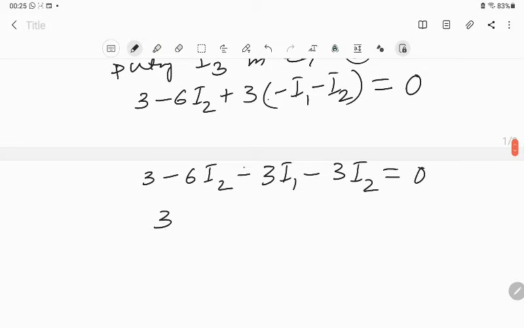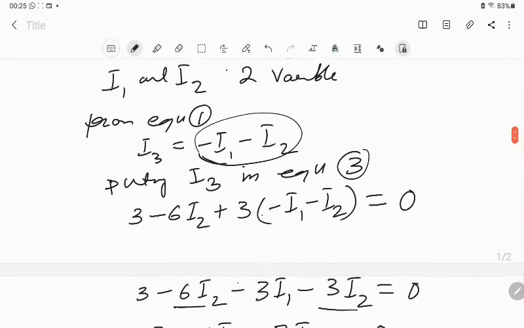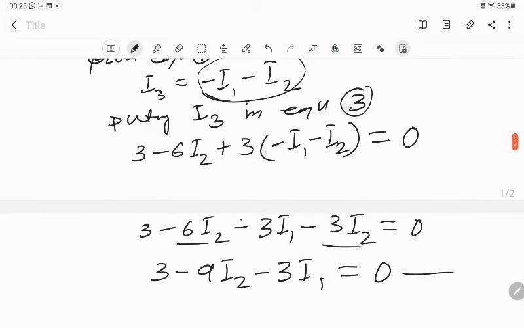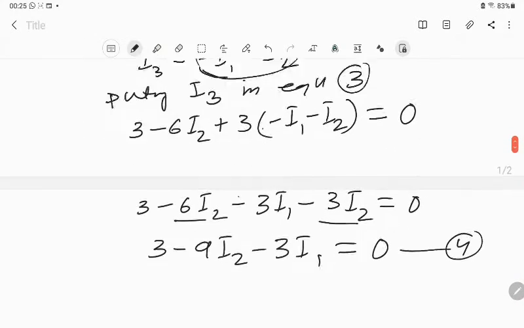Now 3 minus 6I2 minus 3I2, so it will be 3 minus 9I2 minus 3I1 equal to 0. What is this equation? Equation 4.